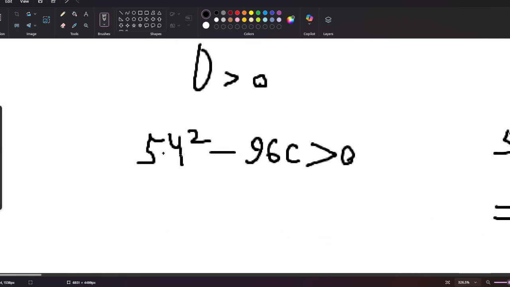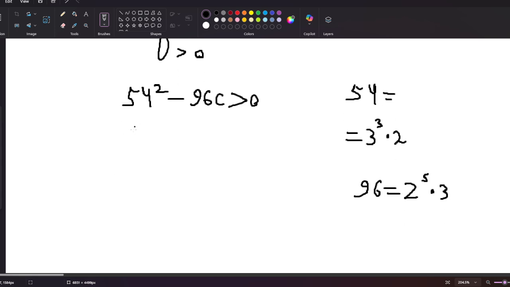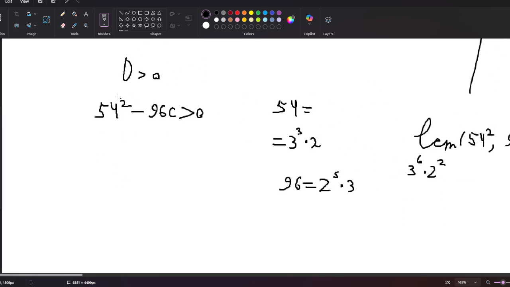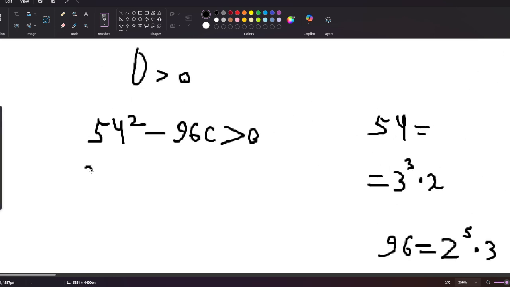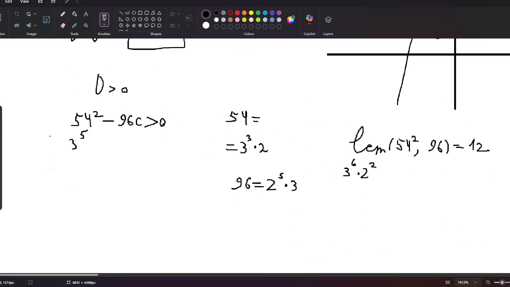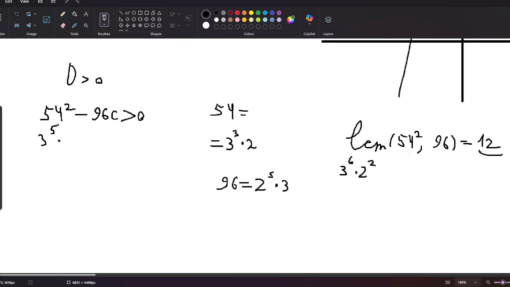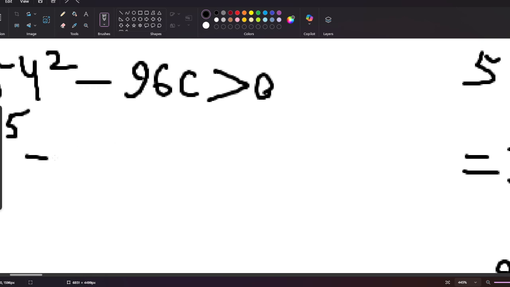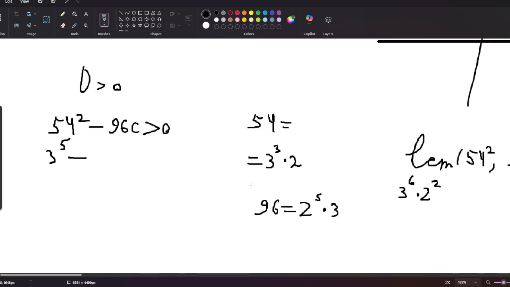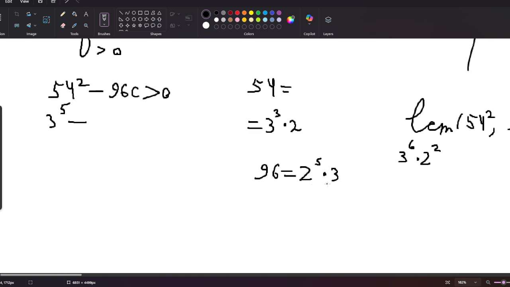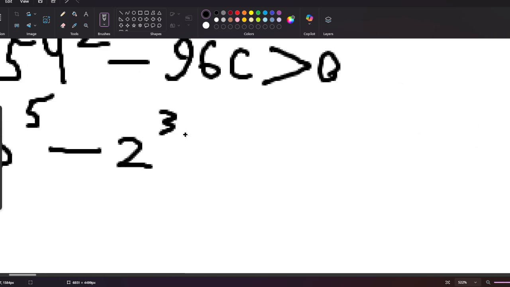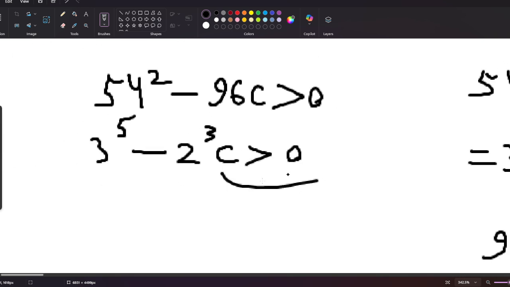So we can divide this by 12 and get 3 to the 5th times... Now we have 2 squared here, 4 here, so times nothing, minus 96 is 2 to the 5th times 3. So if we were to divide it, it's going to be 2 to the 3rd c greater than 0.